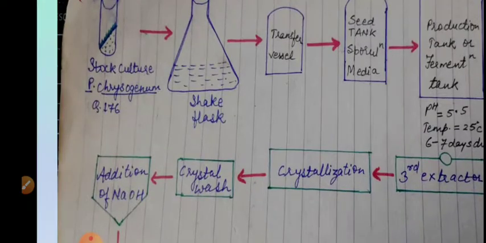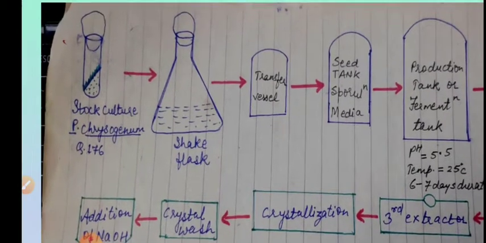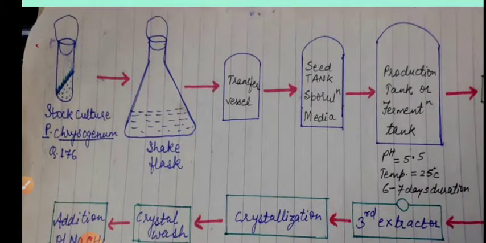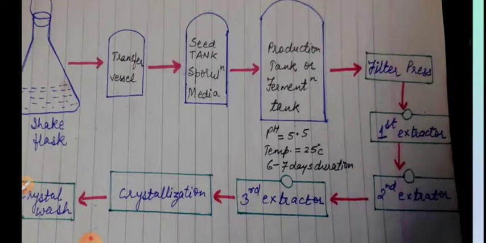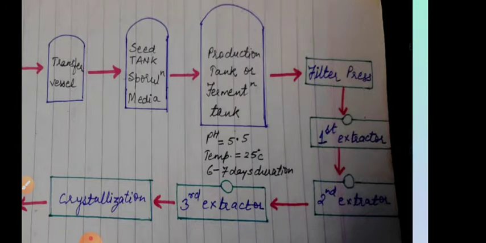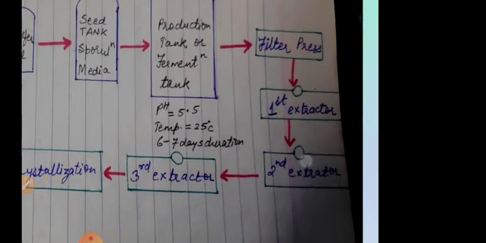Now, in this flow sheet, you can see you have a stock culture of Penicillium chrysogenum Q176, which is subjected to inoculum development in a shake flask and then subsequent transfers, and then into a seed tank having sporulation medium. Finally, you transfer the inoculum into a production tank, that is the fermentation vessel, which contains production medium, where the pH is maintained at 4.5 to 5.5, temperature at 24 to 25 degrees Celsius, and a period of 5 days or a week may be required.